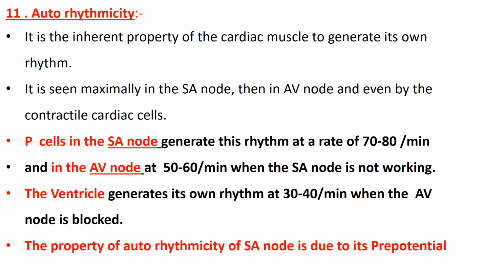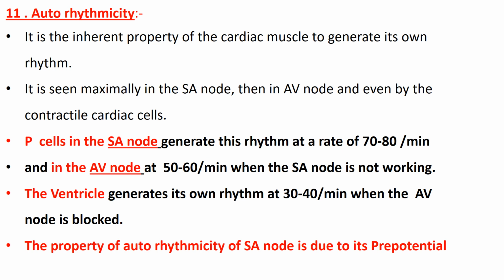Now, coming to the autorhythmicity, another property of the cardiac muscle, it is the inherent property of the cardiac muscle to generate its own rhythm. What do we mean by that? We mean that if we cut all the nerves coming to the heart while the experimental animal is still alive, the heart keeps on beating.